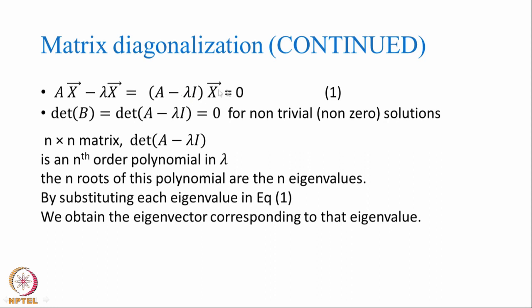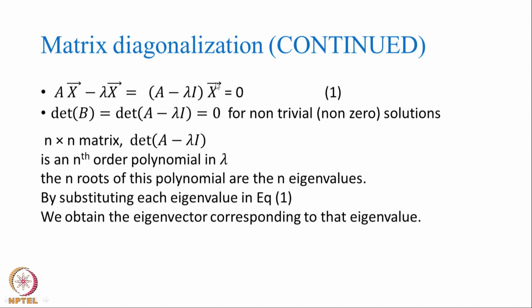So, 1 into x will be 0, so x has to be 0. That means, if the determinant of B is not 0, then I can get an inverse matrix, and it will force me to say that x will be identically 0. So, the only way this equation has a solution is if the determinant of this is equal to 0. Only for a 0 determinant will there be no inverse matrix.